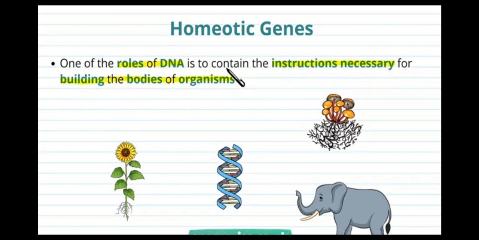We know that all the animals have DNA in their cells, and this DNA holds the key to the developmental pattern. One role of DNA is to contain the instructions necessary for building the bodies of organisms.